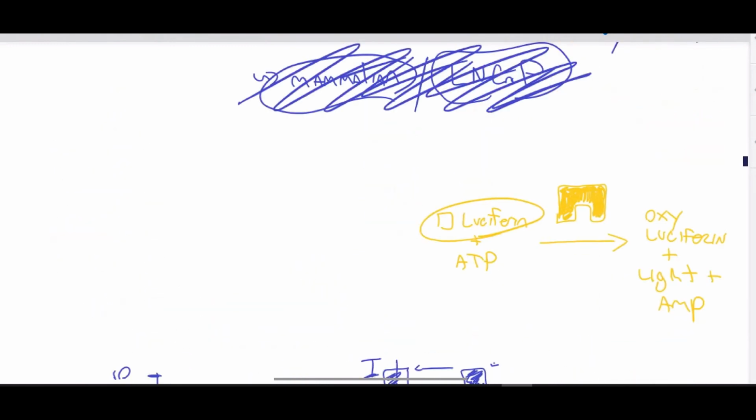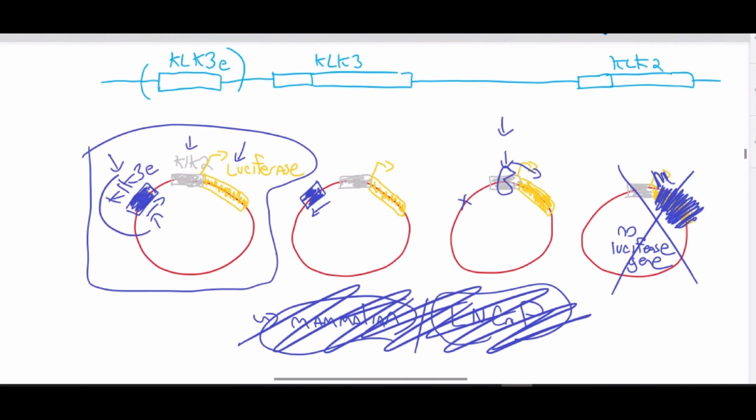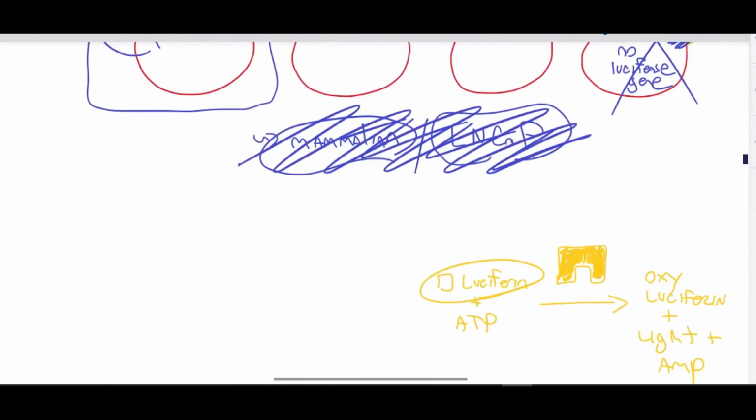So let me back up here. We're using this plasmid with the KLK2 promoter attached to the luciferase gene. And this is the KLK3 enhancer. So when this plasmid is placed into a cell with siRNAs that match the enhancer, the enhancer doesn't work that well, and we don't get much transcription of this luciferase.